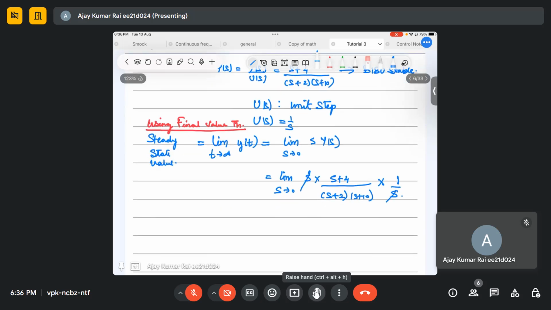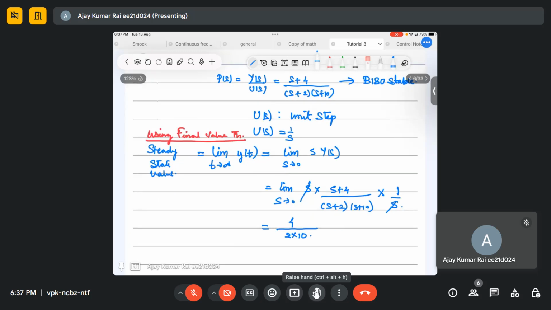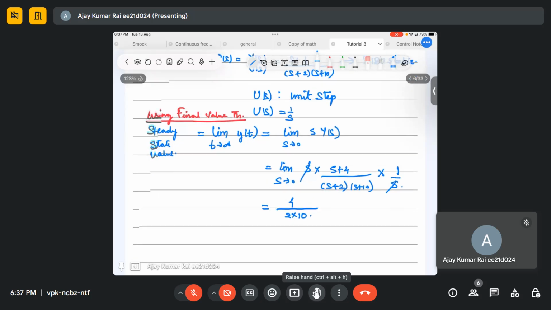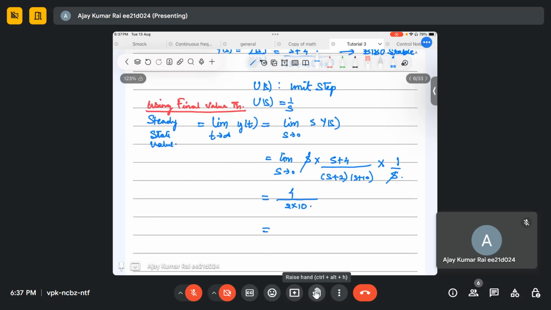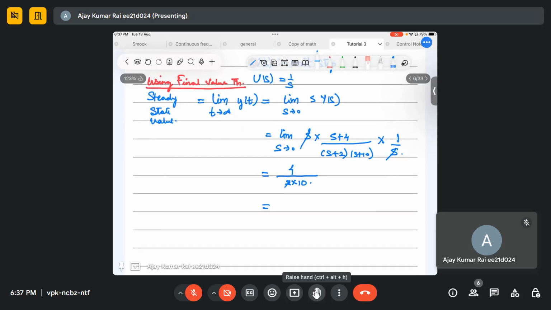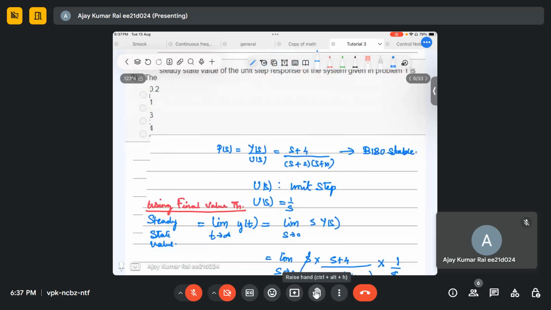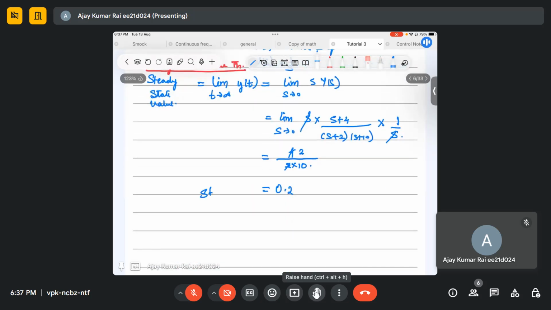Okay, so just put the limit: 4 by 2 into 10, so 4 by 20, right? So this is the steady state value.